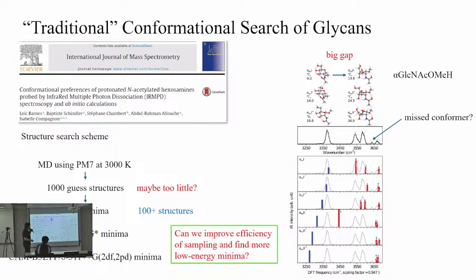But in this particular example, they were not able to really account for this small peak here. So what's the speculation? We speculate that perhaps this is actually a missed low energy conformer, and that could have been due to this scheme, right? What they did is not wrong, but we think that maybe we can improve this method by using neural network potentials.